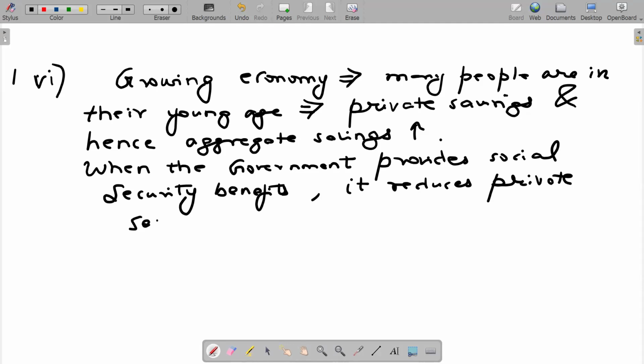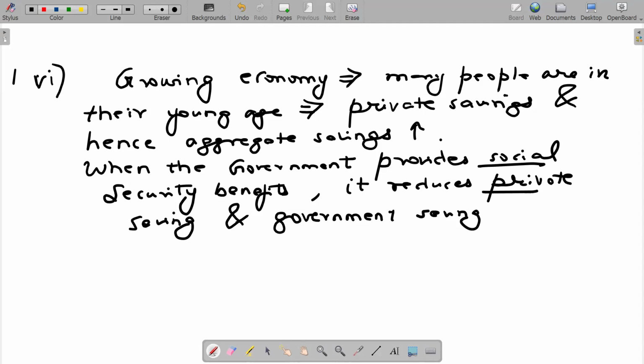When you are getting help from the government in the form of social security, it reduces your private savings and the government savings as well. Obviously, when the government is providing you with social security, it is providing you with money only from its own piggy bank. So when the government provides social security benefits, the private savings fall because you are getting help from the government. It demotivates you to save on your own. And when the government is providing it to you from its own savings, government savings also fall.